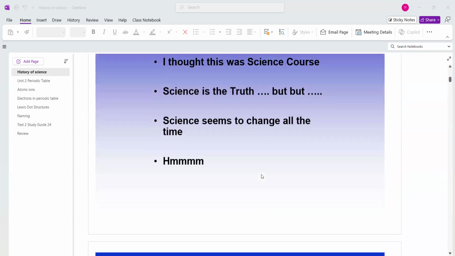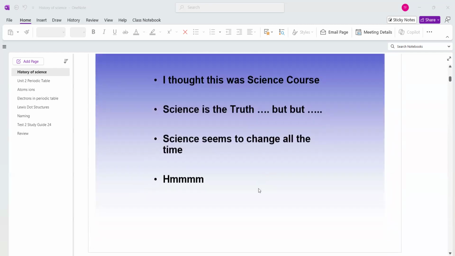One other thing, by the way, a lot of people, particularly in an introductory science class, don't know what science is. And a lot of people think it's the truth. It's not the truth. It's an attempt at describing what the observations are.